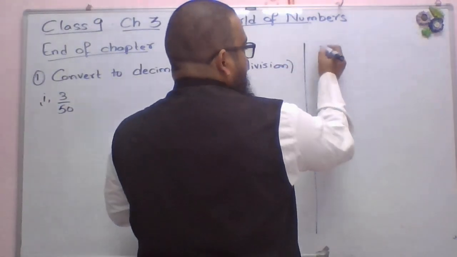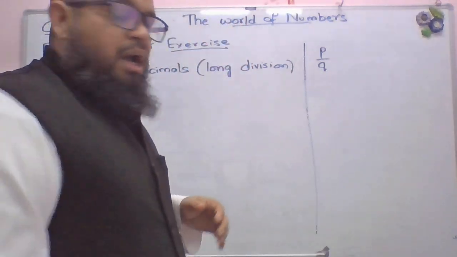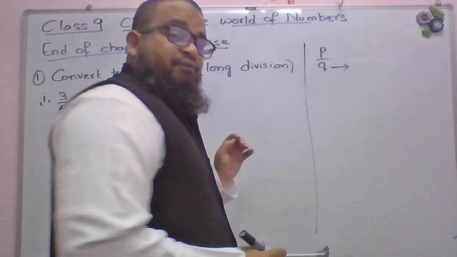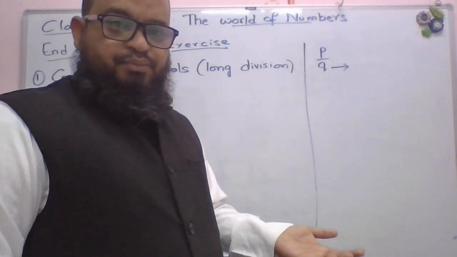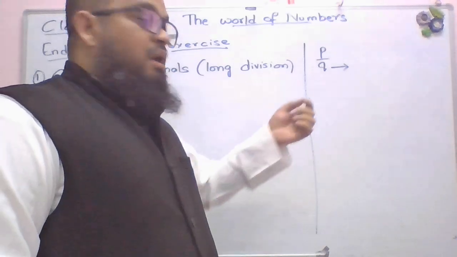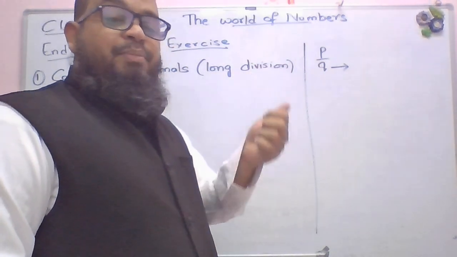Suppose a number is in p by q form, and we prime factorize the denominator q, that means we divide the denominator with only prime numbers.